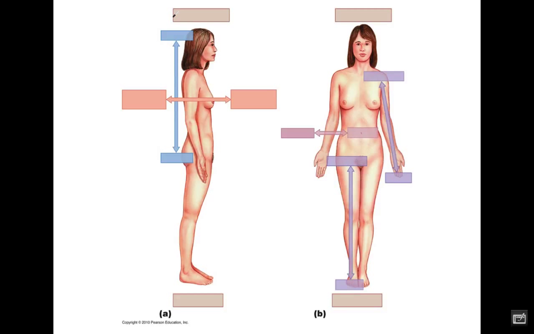And on my version, you can see that it's in color, so down below her feet would be inferior. And that actually holds true on the second diagram as well.